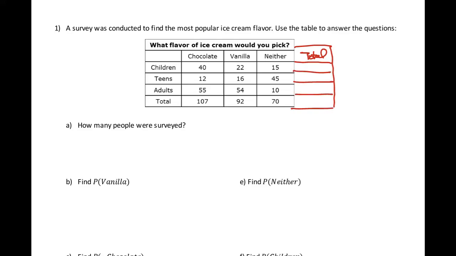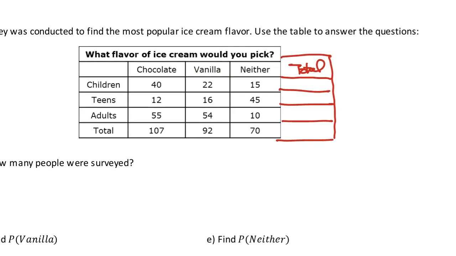Well, how do I find the total? You need to add up everything in the row. So, children, let's see. We had 40 children that liked chocolate, 22 that liked vanilla, 15 that liked neither. If I add these all together, 40 plus 22 plus 15, I get 62 plus 15 is what, 77? Check my math, is that right? Okay. Teens, how many total teens did we have?